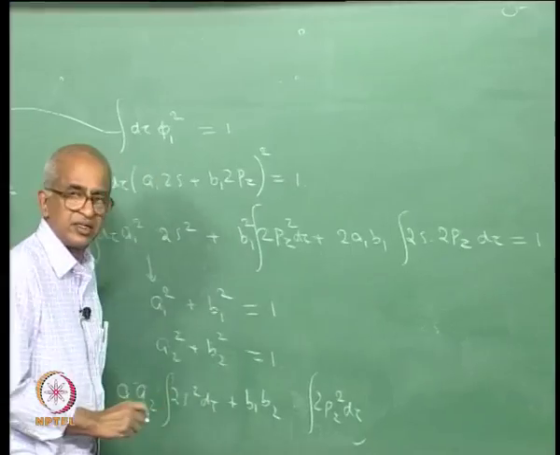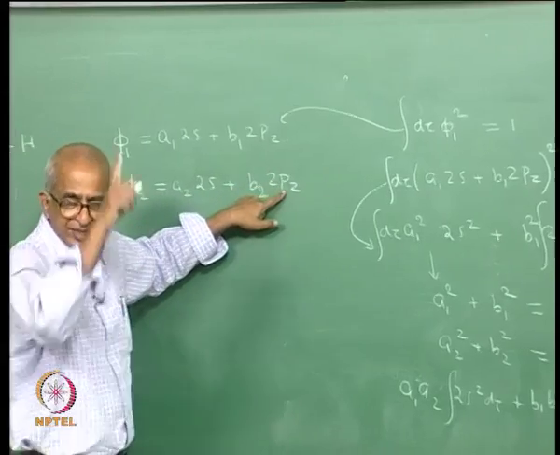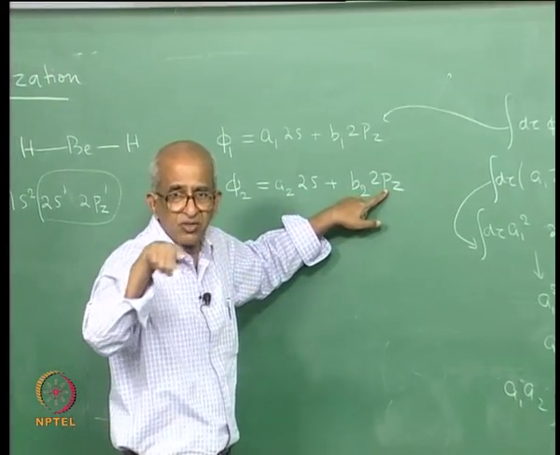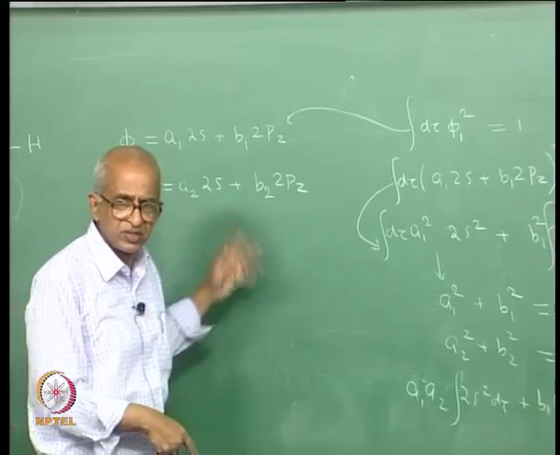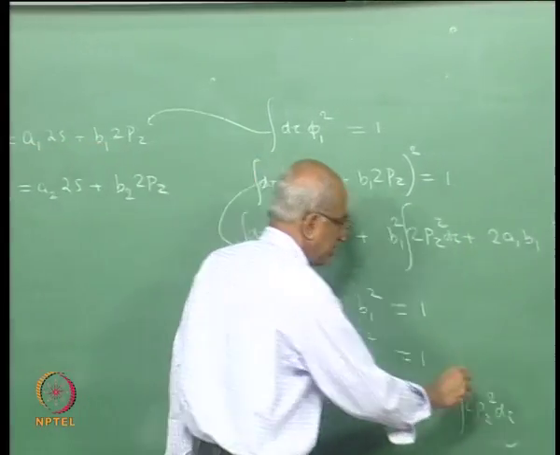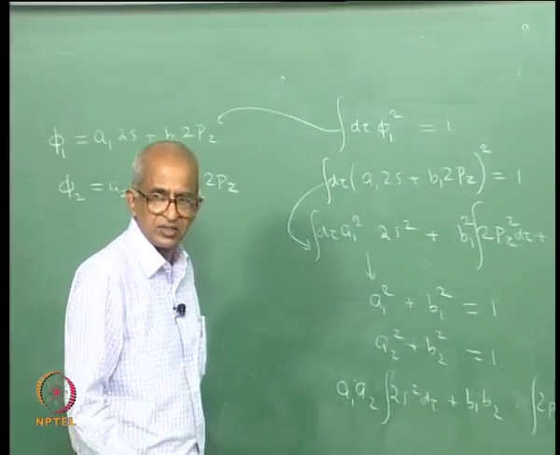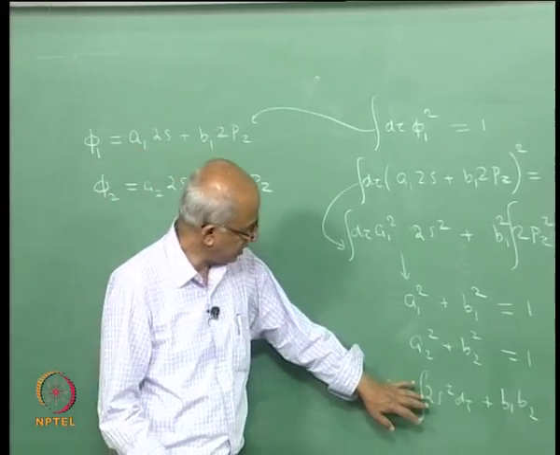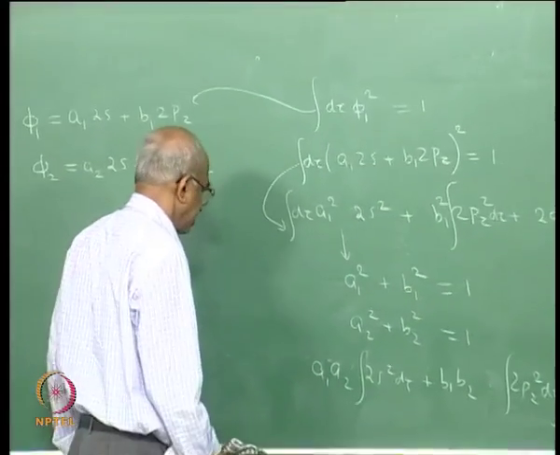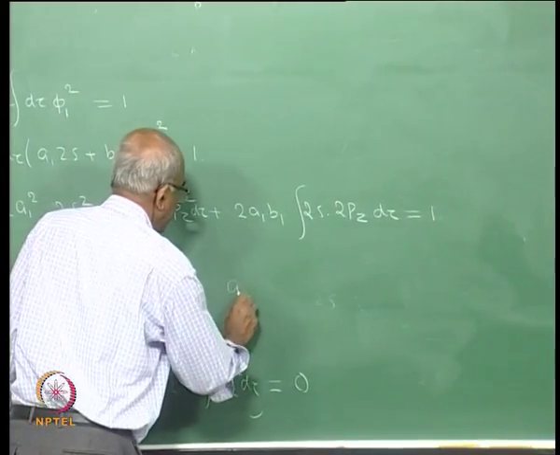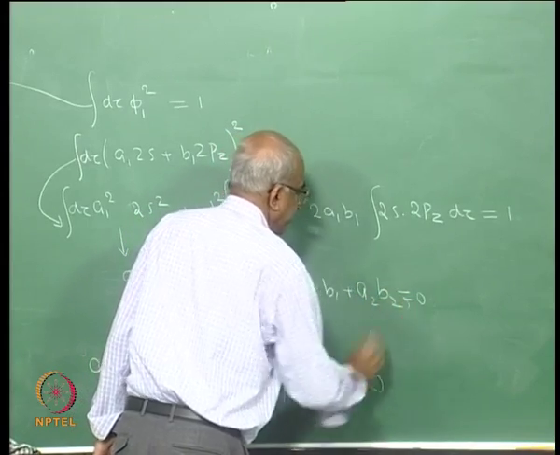This is another term that you will get, and you will also get terms involving 2s into 2pz integrated over the entire space, but that integral is actually 0. So it is not necessary for me to consider the cross terms. Effectively you are going to get 0 on the right hand side, because I want the two orbitals to be orthogonal. But this integral is unity, and that integral also is unity. So effectively the condition becomes a1 b1 plus a2 b2 must be equal to 0.